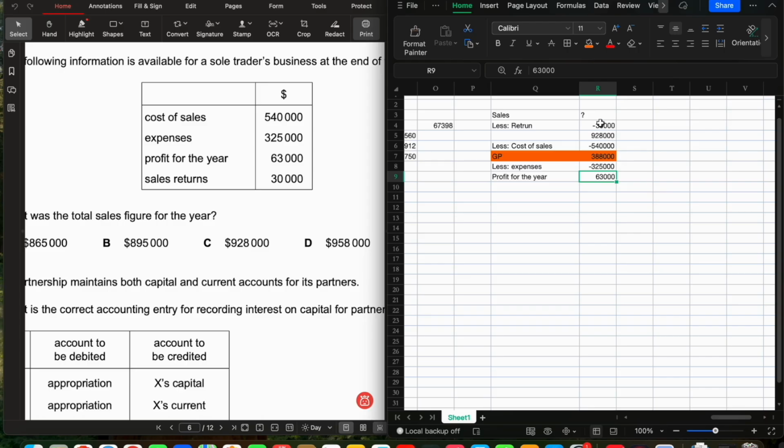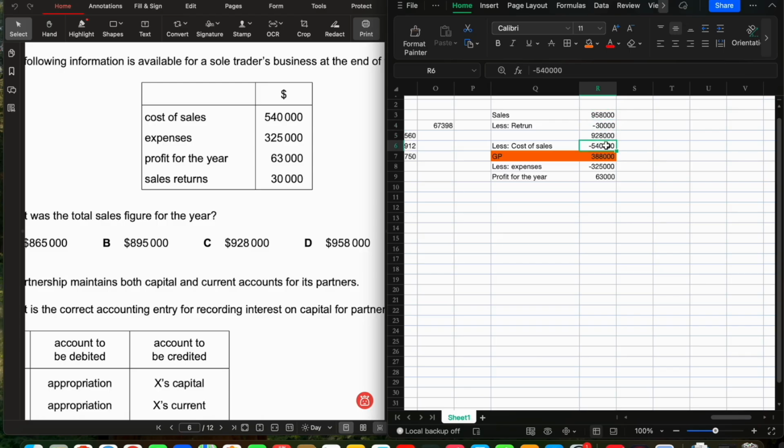Okay, now we need to find out the sales. So sales amount was net sales, and then in that we add the return, okay, which is 30,000. So my total sales for the year is 958,000. When we subtract sales return, I'll get net sales.